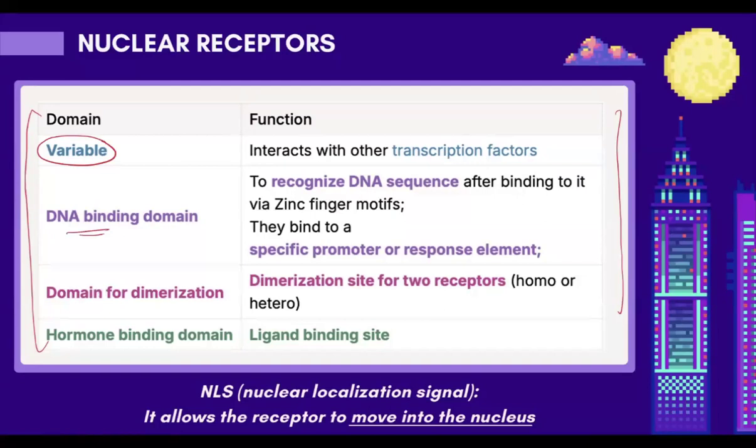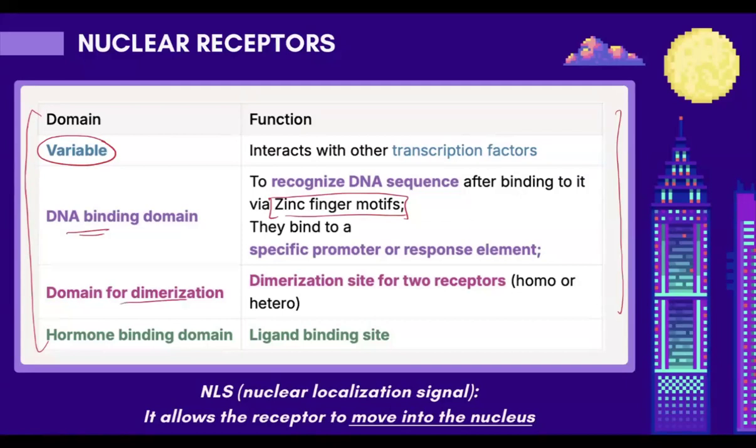For this, they use something called a zinc finger motif. We'll get into the difference between a motif and a domain, but the DNA binding domain is made of zinc finger motifs, and they recognize which part of the DNA to bind to, like a specific sequence.